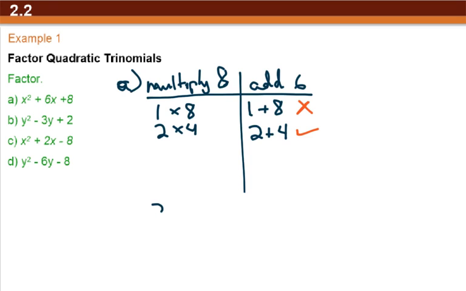So when we go to actually factor this, I'll just copy out the original trinomial again. When we factor, we always get two brackets. What goes in the front of each bracket is derived from this middle term, the 6x. We get just x.